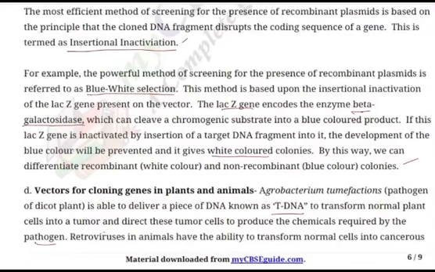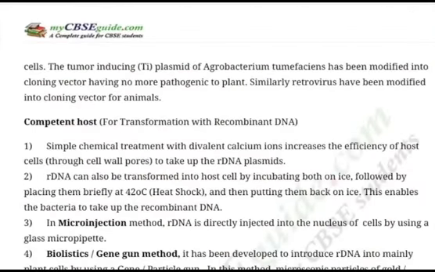Retroviruses in animals have the ability to transform normal cells into cancerous cells. The tumor-inducing Ti plasmid of Agrobacterium tumefaciens has been modified into a cloning vector that is no longer pathogenic to plants. Similarly, retroviruses have been modified into cloning vectors for animals too.